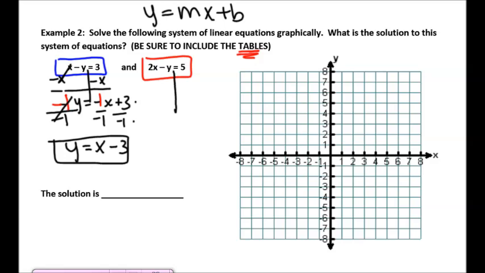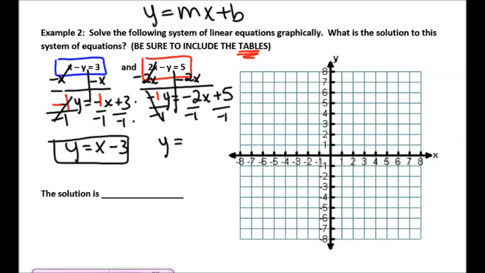The first thing that we want to do is subtract 2x from both sides. That will leave us with, again, negative y equals negative 2x plus 5. Again, remember there's like a little negative 1 in front of that y, so that's what we divide by, negative 1.